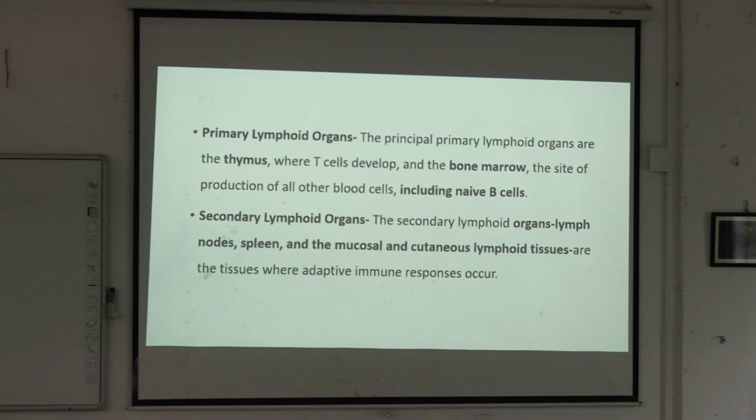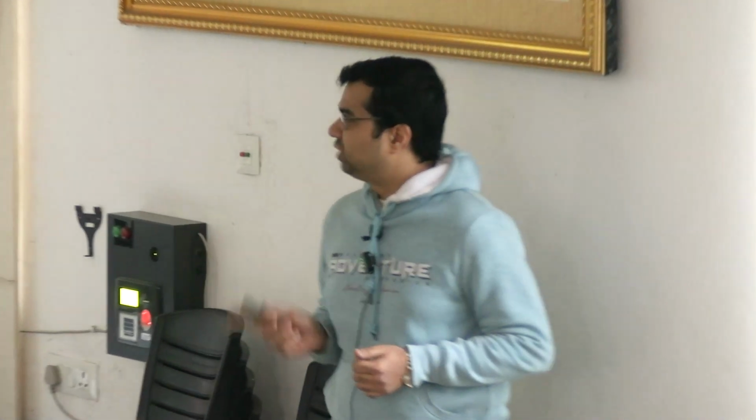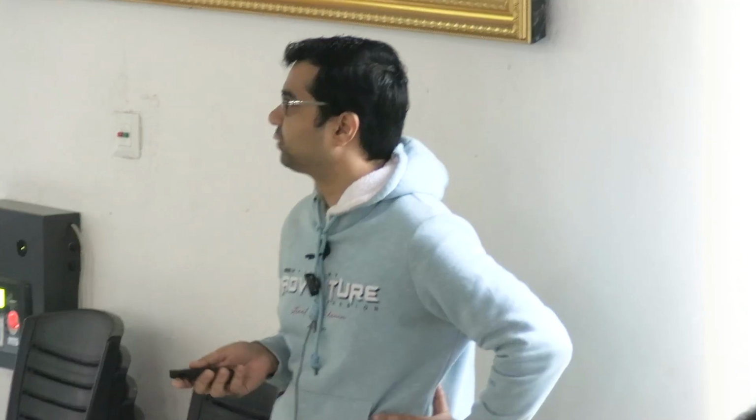The principal primary lymphoid organs are the thymus, where T cells develop, and the bone marrow, the site of production of all the other blood cells, including lymphocytes. The secondary lymphoid organs are the lymph nodes, spleen, and the mucosal and cutaneous lymphoid tissues.